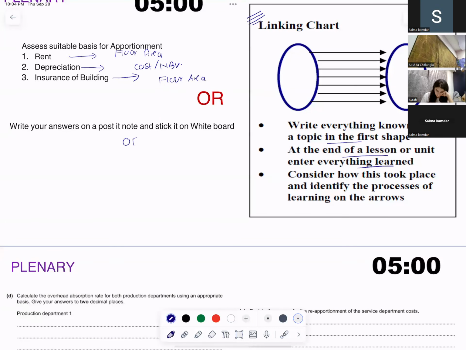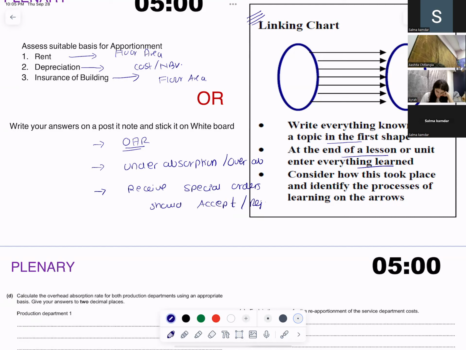After we learn how to calculate overhead absorption rate, we will study under absorption and over absorption. After that, we will study what to do if we receive any special orders: should we accept the special order or reject?